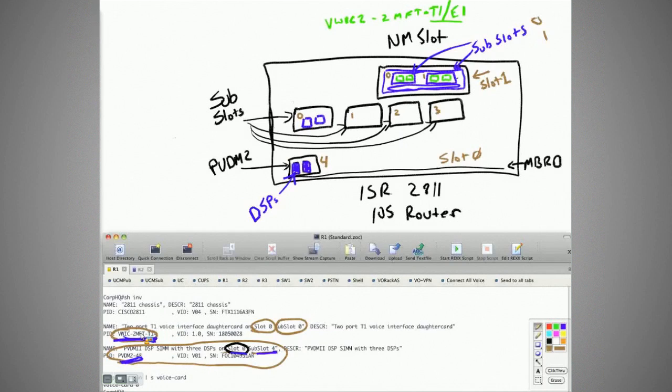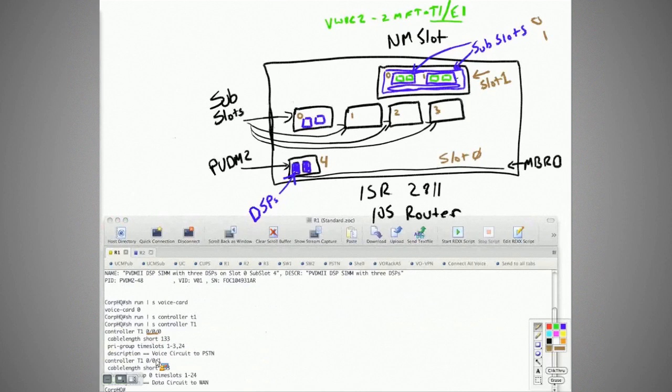If this were one of these two-port controllers, the 2MFT T1s are denoted by controllers. So if I did a show run pipe section, it's going to mess up where all those lines fall. I understand that, but let's just do section T1.